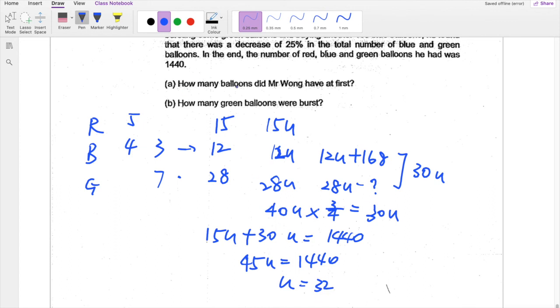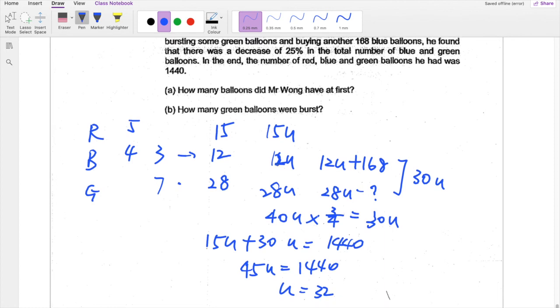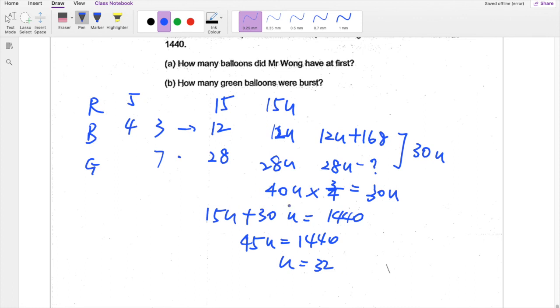So here it says how many balloons did she have at first? At first is this amount, right? So we see here is 15 plus 12 plus 28U, right?